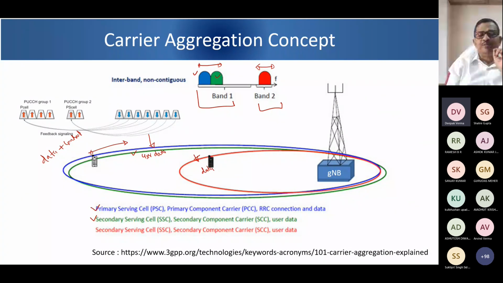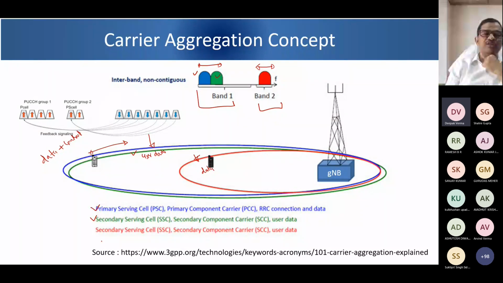So that means the control signaling is only on one frequency band, that is on the lower side, so that signaling coverage is across the coverage, and the rest of the carriers are being used for carrying only the user data. So that is the concept of carrier aggregation.